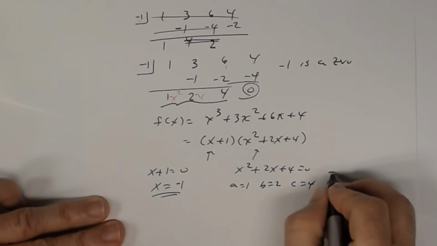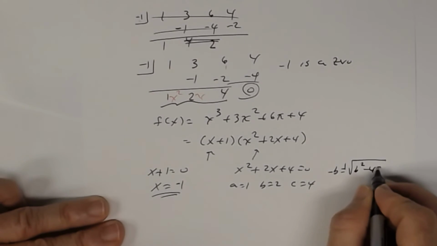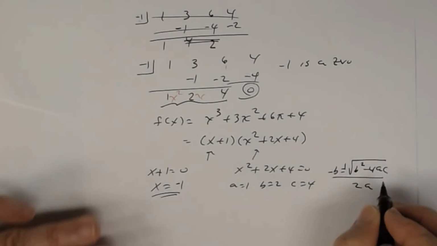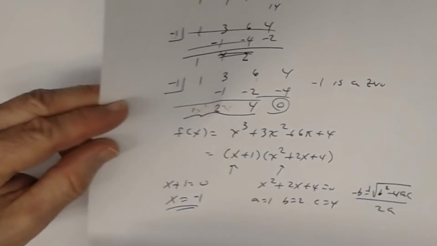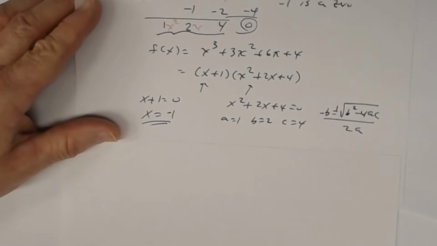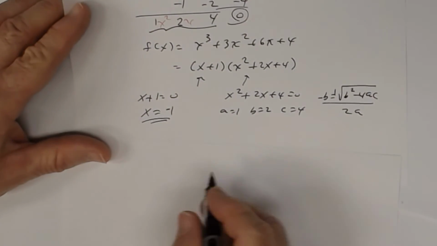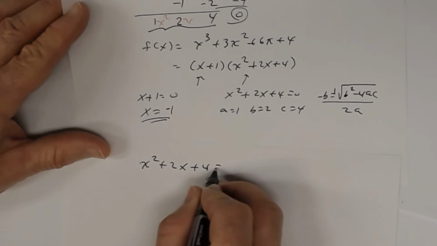And remember, the quadratic formula is negative b plus or minus the square root of b squared minus 4ac, all divided by 2a. I'm going to use another sheet of paper. Right now we're solving the quadratic equation x squared plus 2x plus 4 equals 0.